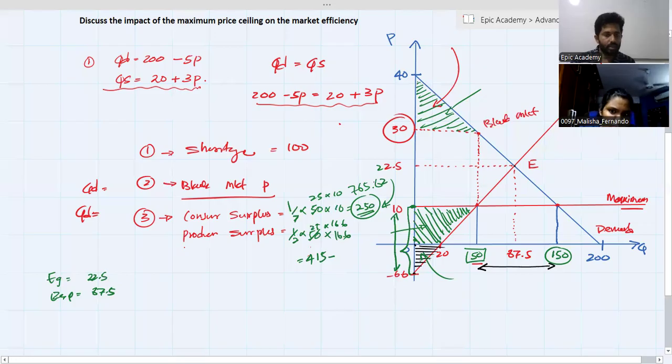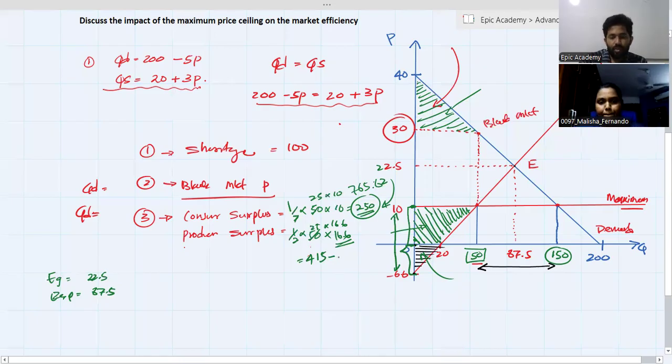Yes. Sorry, we take the length value, because it is plus value and minus value.